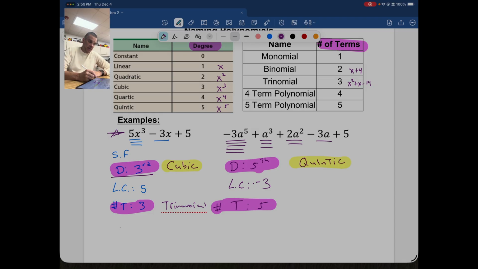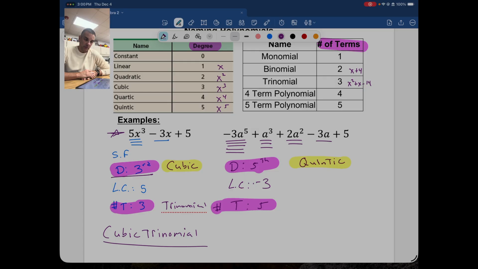Now if you're asked to name it, we would name this a cubic trinomial. Name it by its degree and by the number of terms. For the second example, we said it was 5th degree, so we called that quintic, but it has 5 terms.